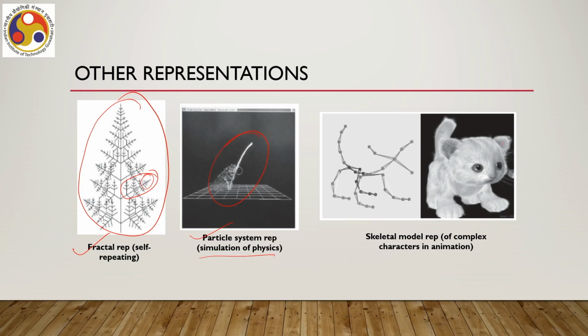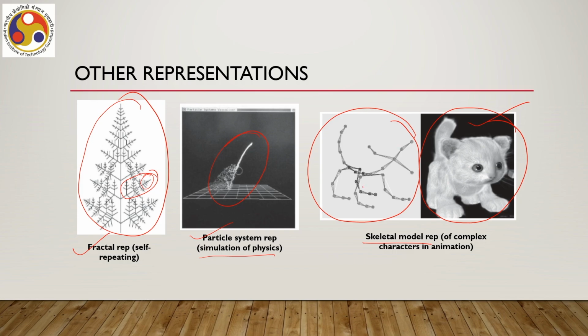Then representing complex characters such as a cat again calls for some sophisticated way to represent. One is the skeletal model as shown here on the left side of the figure.